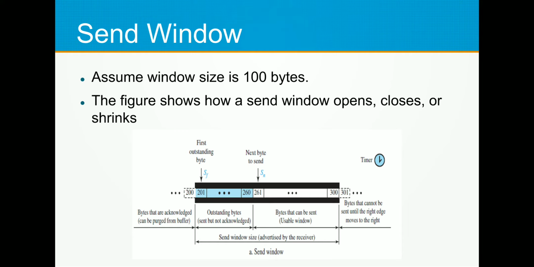But is it the case that it will remain forever? No. Let's say that from the outstanding bytes, the blue shaded ones, the first 10 bytes we have received the acknowledgement.